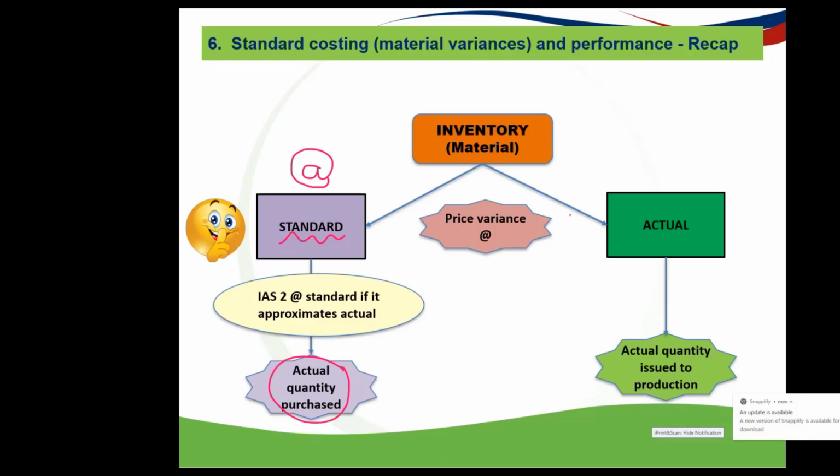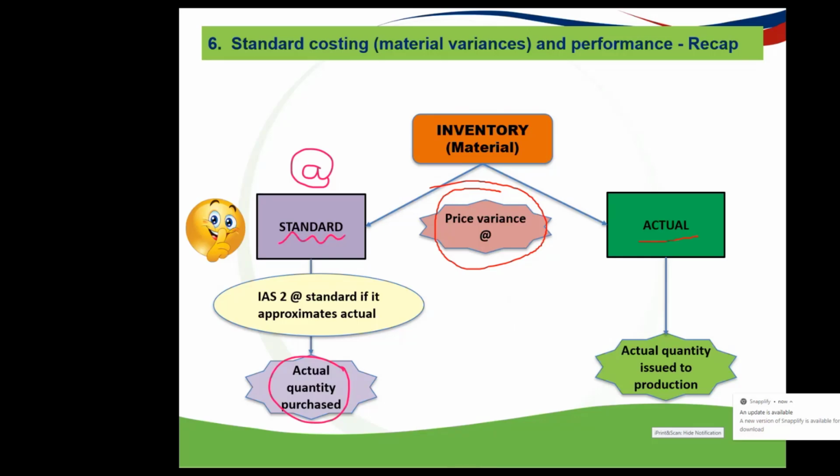Right. So like I said, we're doing inventory material. And now for the price variance that we're looking at, it's important that we saw the question said inventory is going to be held at standard, because you need to see, is inventory held at standard or is inventory held at actual?